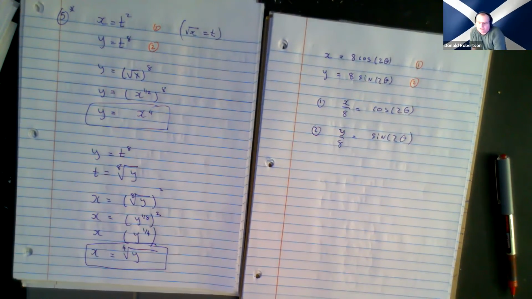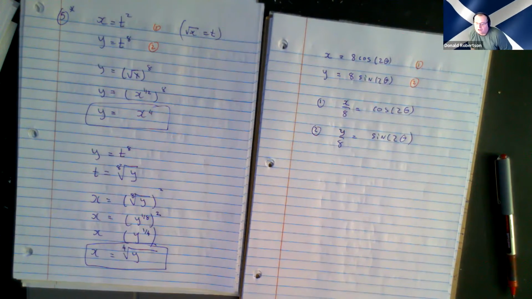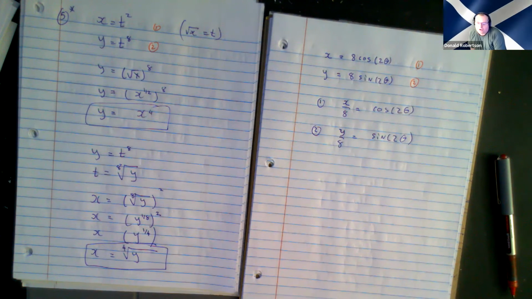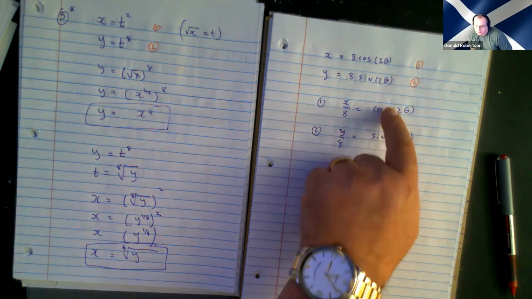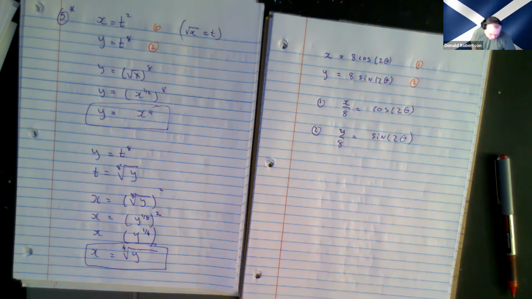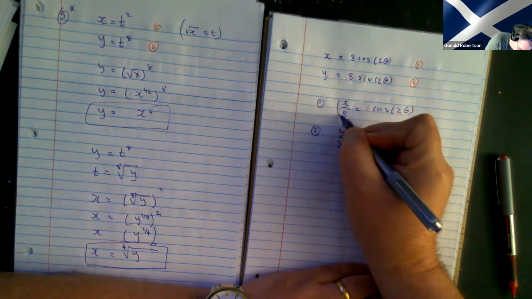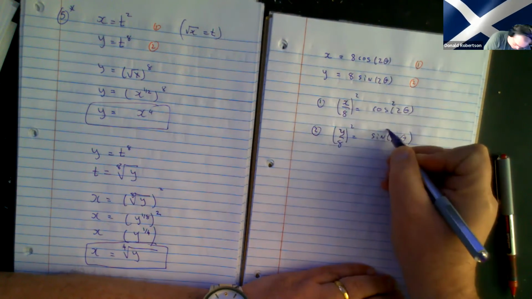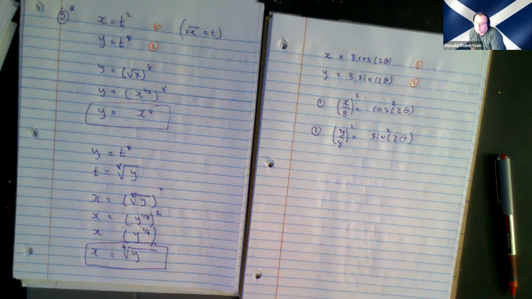So if you ever see a sine and a cosine combination, and we'll assume that these are the same angle because they have to be, what you're then going to do, once you've separated these 2 guys out, is square everybody. Are you okay with that? That if x over 8 is the cosine of 2 theta, won't x over 8 squared be the cosine squared of 2 theta?